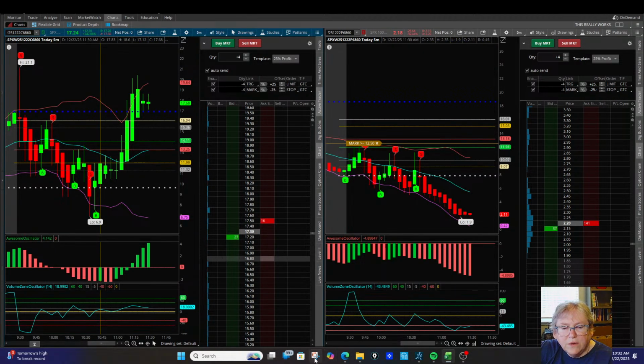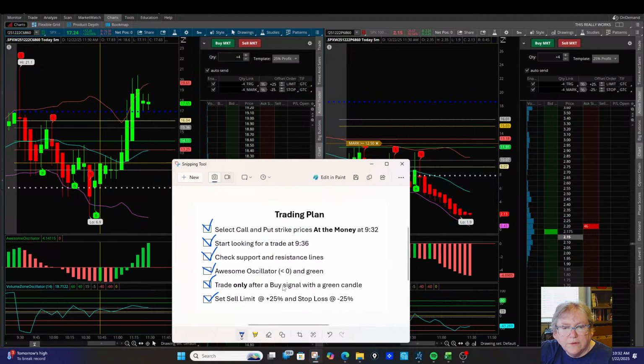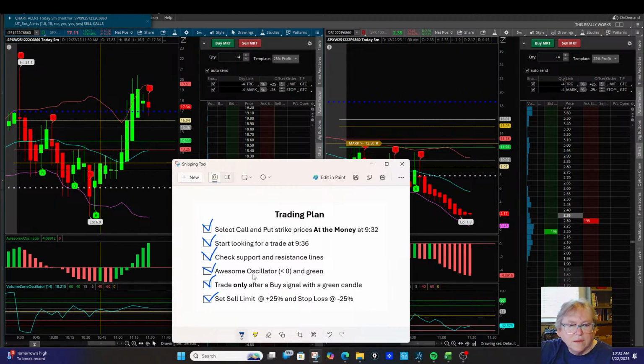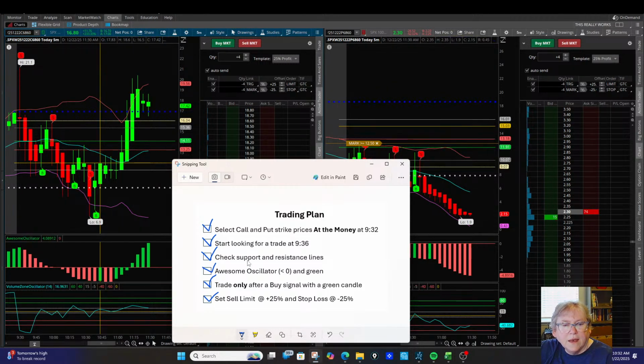So these trading rules are very important. Trade only after a buy signal with a green candle. You know, yes, if that happens, but we still have to look and see the awesome oscillator, if that's less than 0. And we have to also make sure that the bar is green.